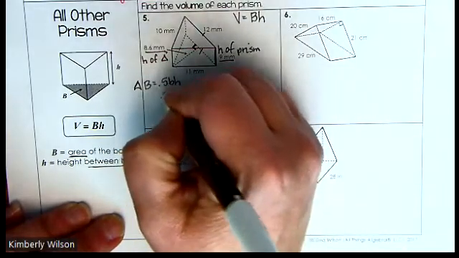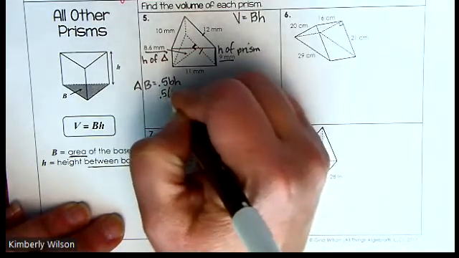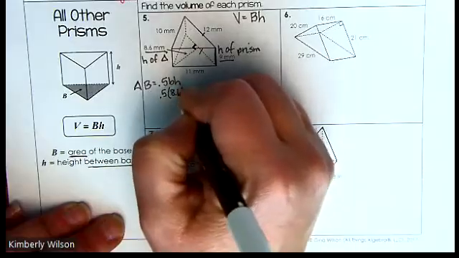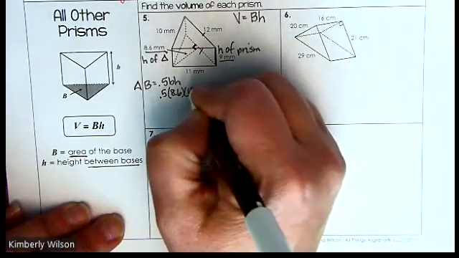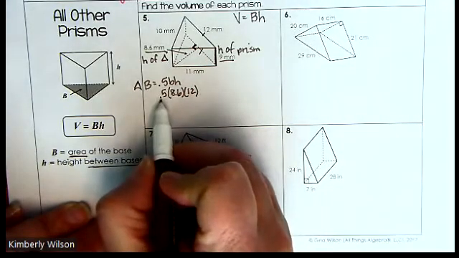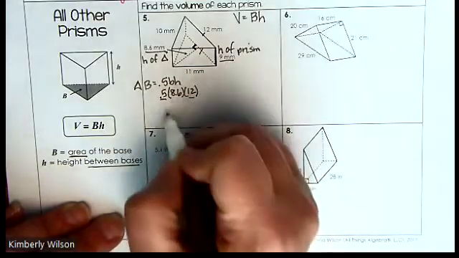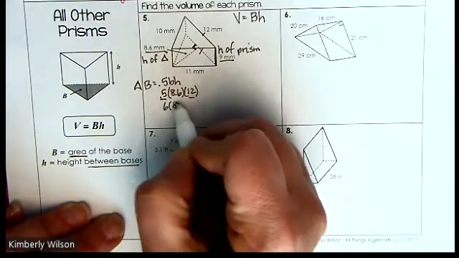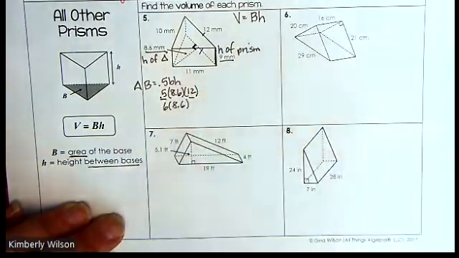So I'm going to have 0.5 times 8.6 times 12. Because this is all multiplication, I can easily do 0.5 times 12, which is going to give me 6 times 8.6, because I can rearrange the order that I write things in. And remember, I know that the calculator can do multiple steps. Your brain cannot. You have to write it before you type it. Every step has to be written.